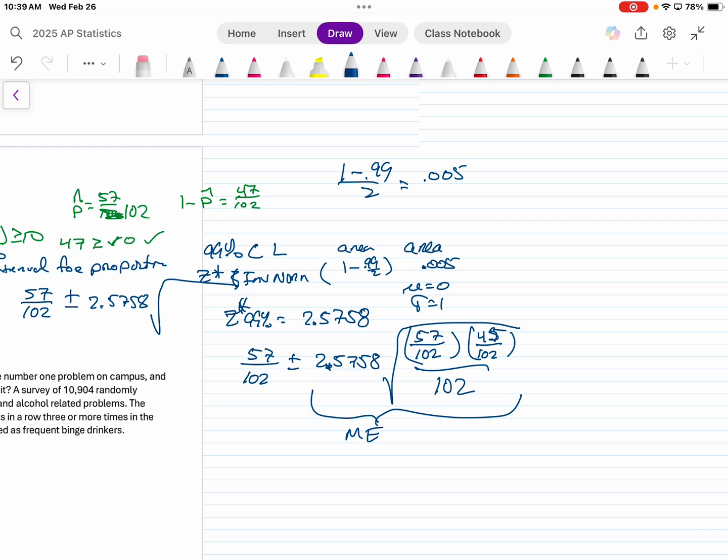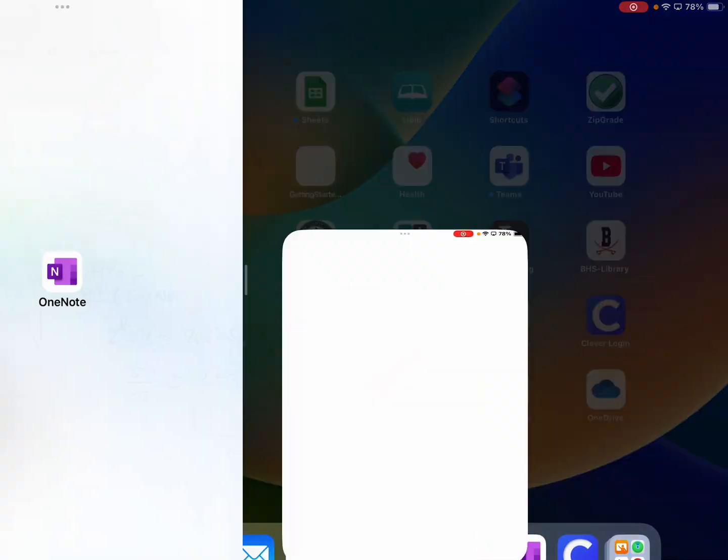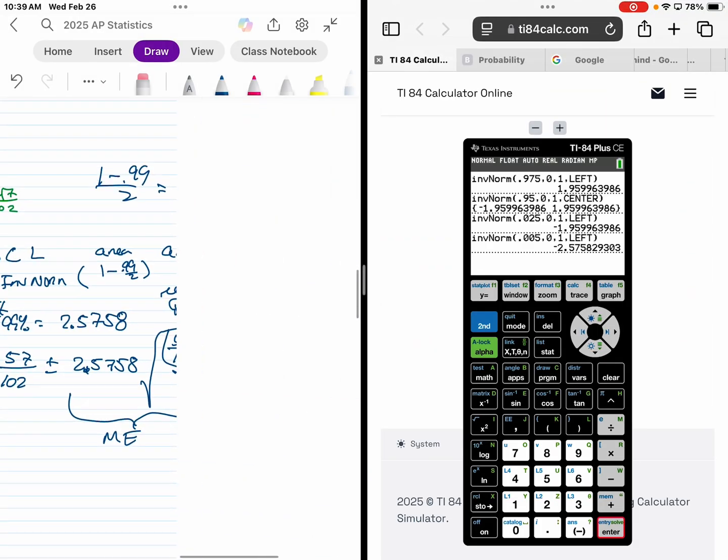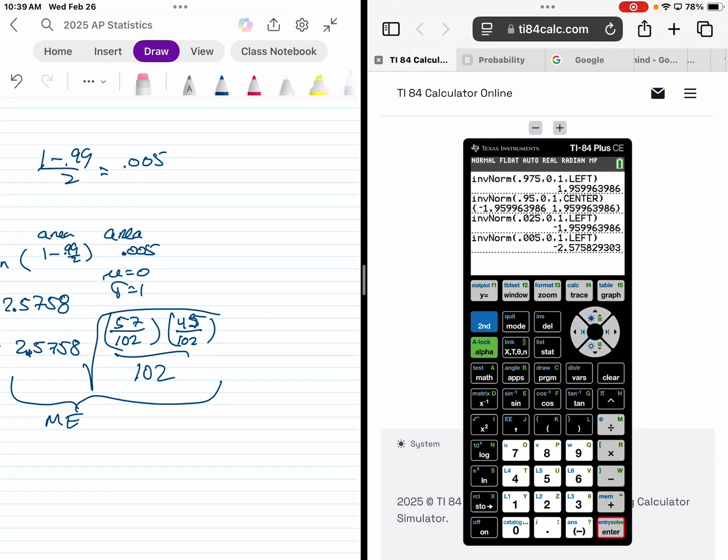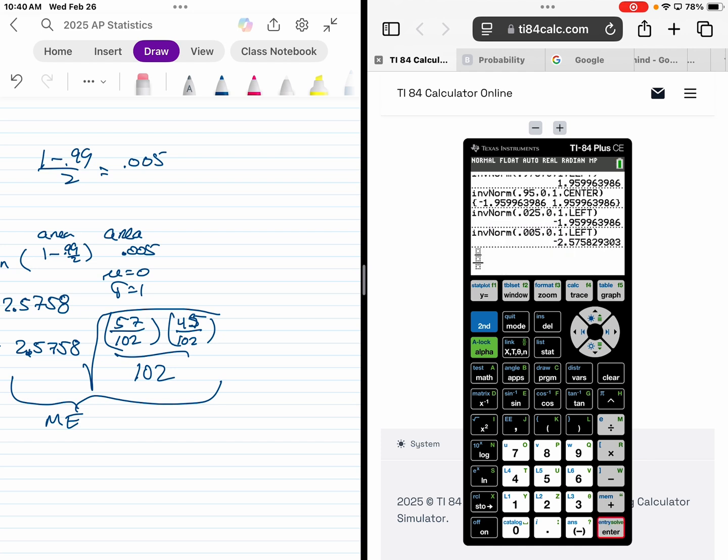So as I split the screen, I say, all right, what is 57 over 102 times another fraction, 45 over 102, and all that is over 102?